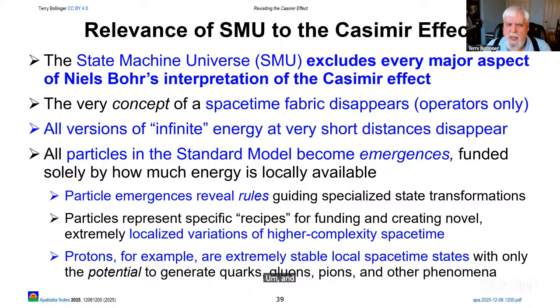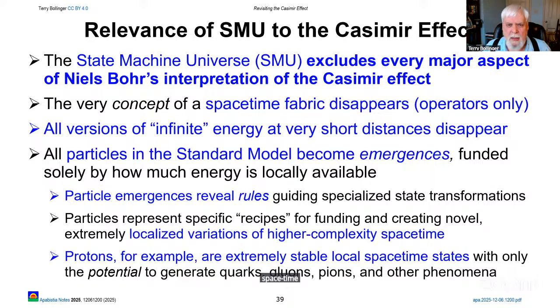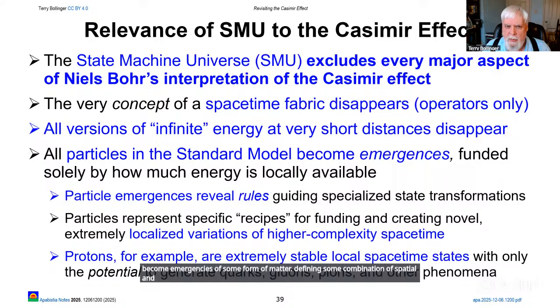And more interestingly, if you abandon this idea that there's this very well structured four-dimensional space-time as a given, then all of the particles that you see in the standard model become emergences of some form of matter defining some combination of spatial and time characteristics.